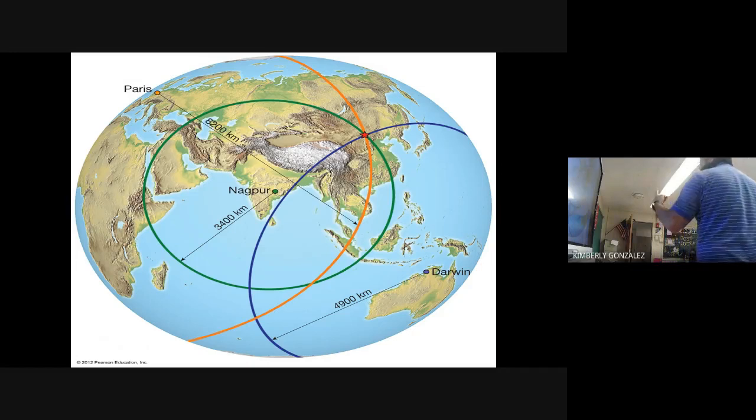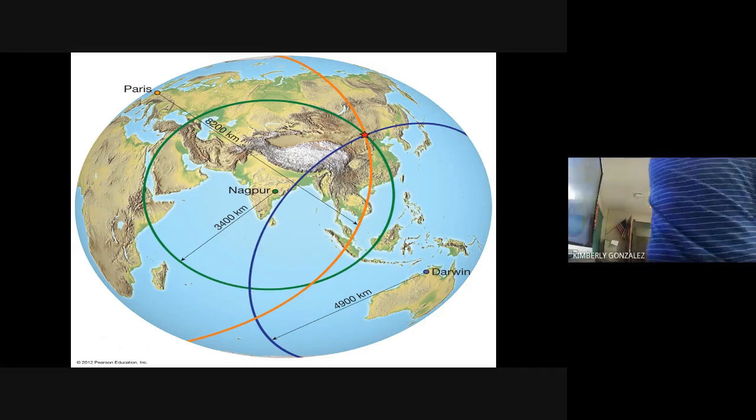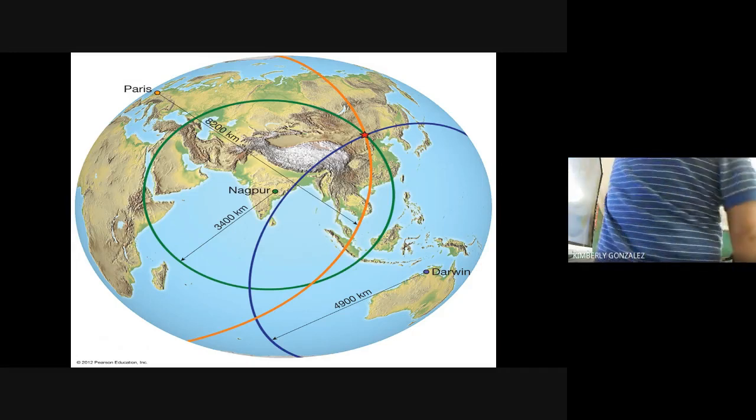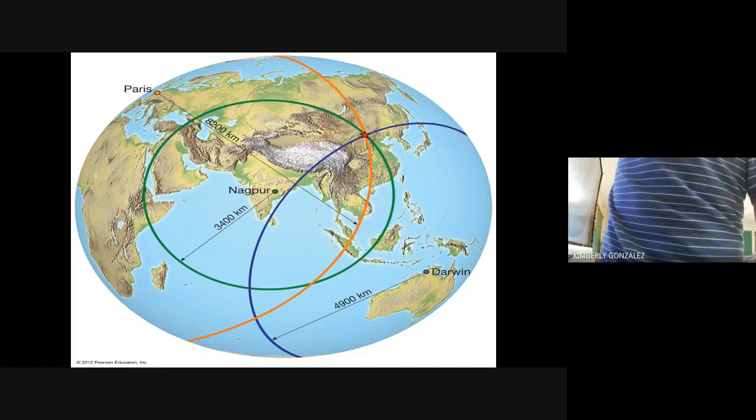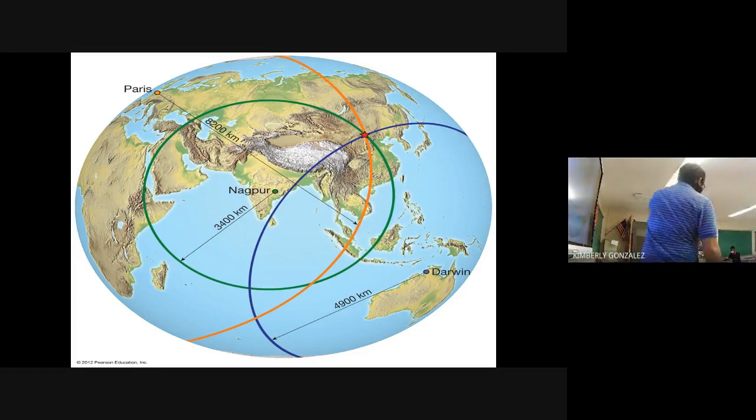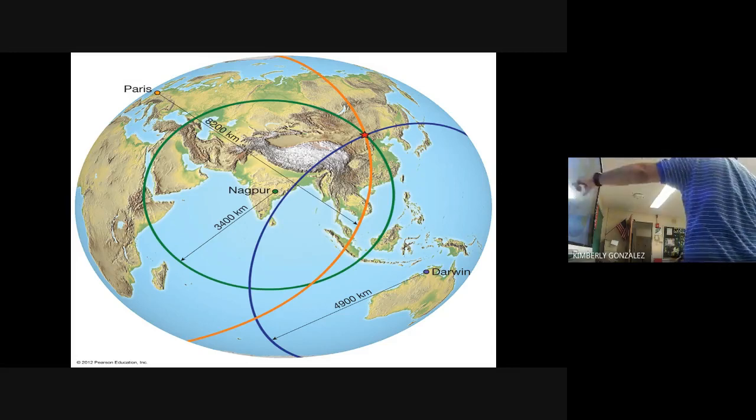Okay? So in triangulation, you use 3 different seismic stations. You find the distance from each one to the epicenter.